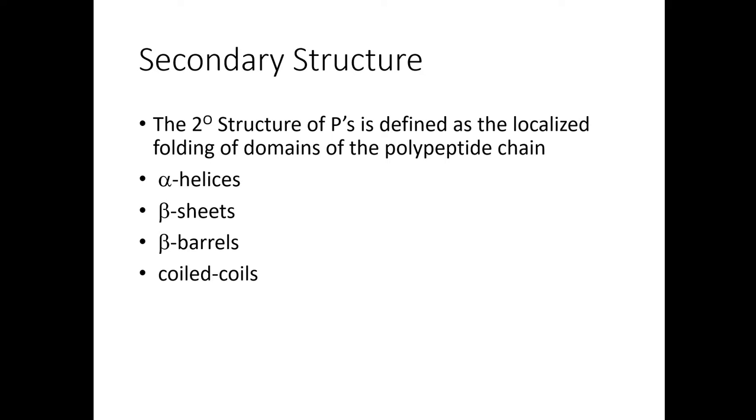Carboxyl group has acidic nature. So the NH2 group of one amino acid makes a bond with the carboxyl group of another amino acid. So there is the formation of a peptide bond. In that way these different amino acids are connected with each other using peptide bonds. In the last lecture we have discussed that.